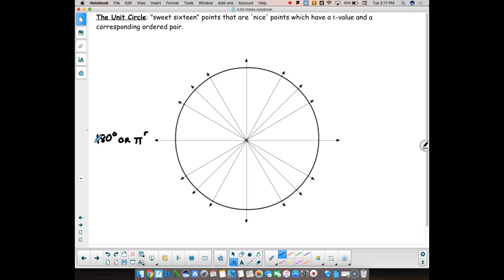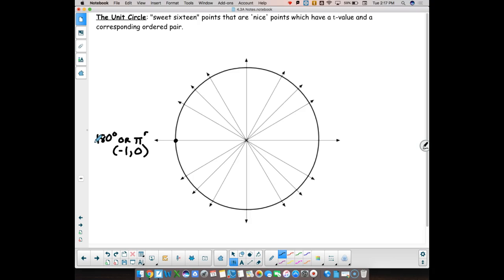Now, my question to you is, what are the coordinates of that point on the unit circle? -1, 0. I would concur with all of that information for that one. 1 down, 15 to go.